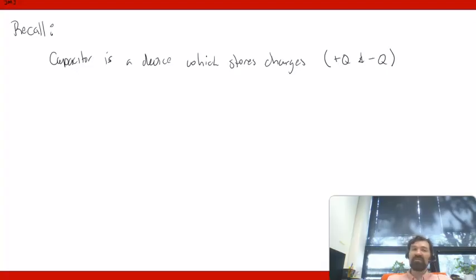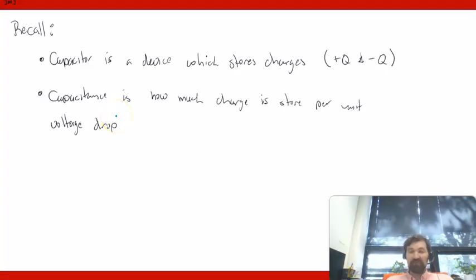The thing to recall is that capacitance is how much charge is stored per unit voltage drop. So basically you're looking at Q over delta V. Note that we assumed again plus and minus Q. If you want to be really technical about it, capacitance is a positive value.